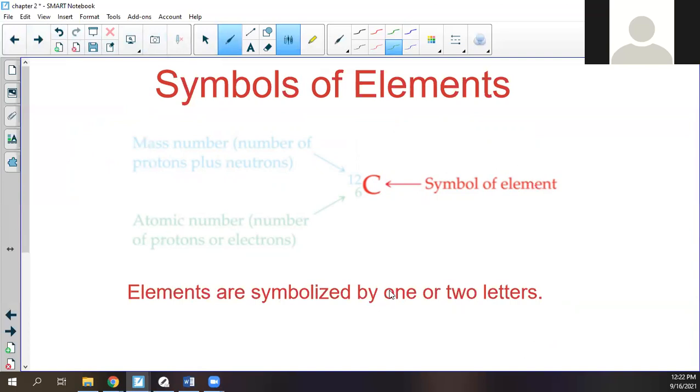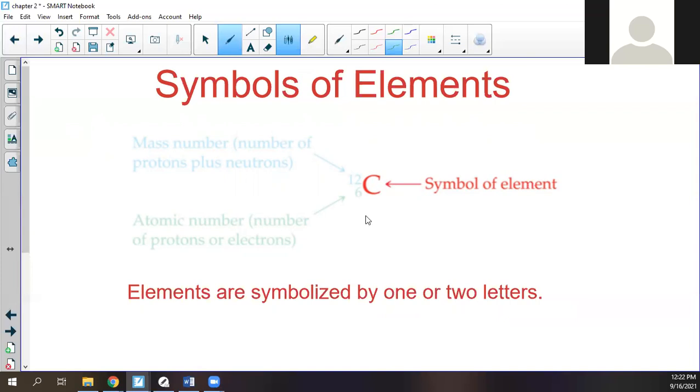The ones that have 1 are typically the ones that were discovered early, and later ones typically had 2, and that's not perfect. Or if 2 things like carbon and copper have been known forever, for us both start with a C, so they can't both be C. There are some logical rules to how these weird things show up.